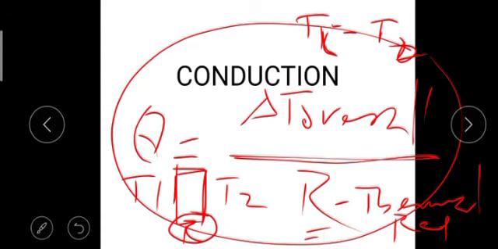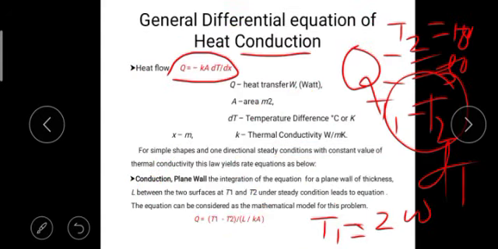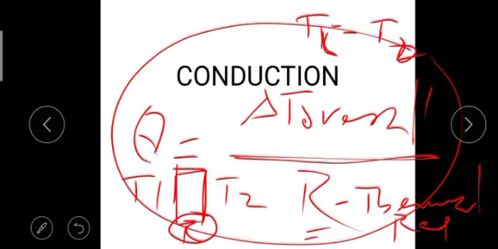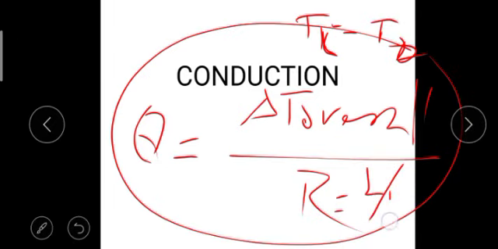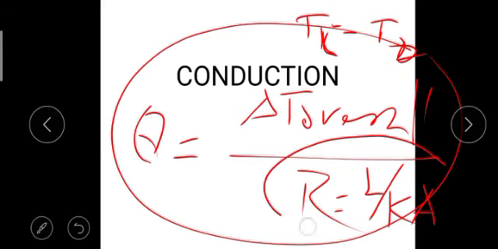The thermal resistance is denoted as L divided by KA. So R is L divided by KA, where R means thermal resistance.